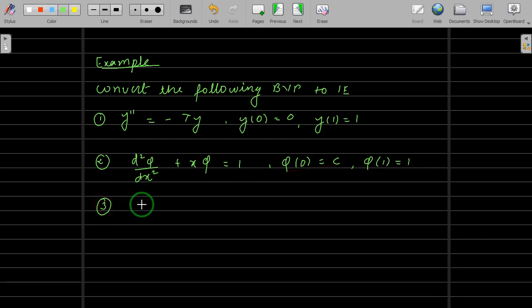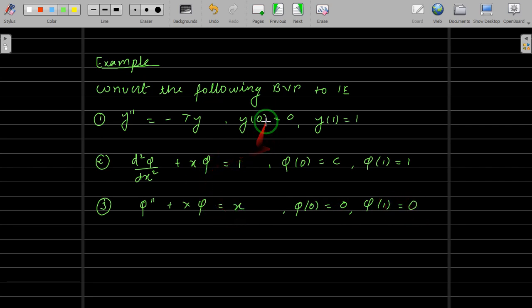Third: phi double dash plus lambda phi equals x, with phi at 0 equals 0 and phi at 1 equals 0.